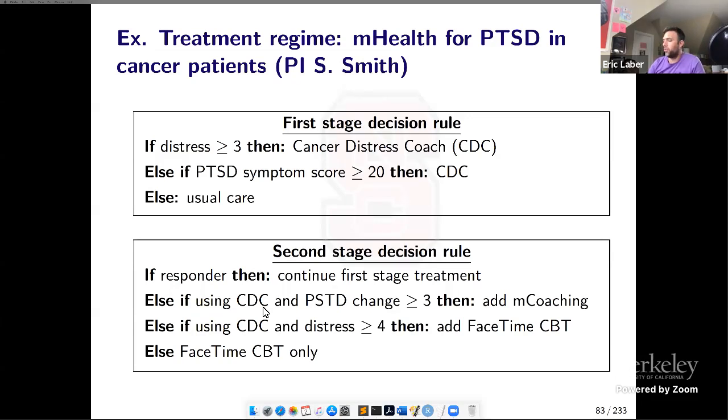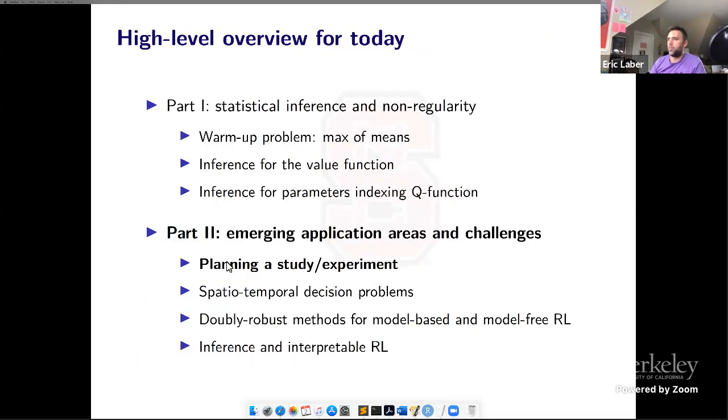So one of the things that I think doesn't get as much attention in RL as it does in statistics, especially biostatistics, is the idea of planning an experiment. And we talk about sample size and power calculations in biostats all the time, but it does come up in RL applications where, suppose you want to test an RL algorithm to make decisions in some kind of domain.